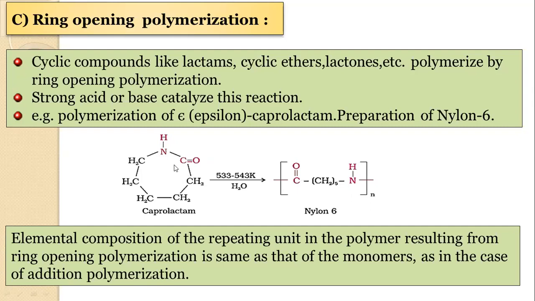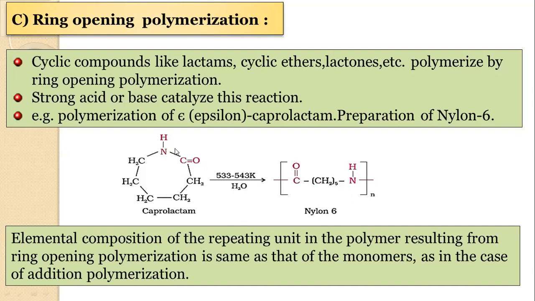The question was like this: in case of nylon 6, how many CH2 groups are present? Such types of questions were asked for board exam. So carefully we have to write: 5 CH2 groups are there and the total number of carbons is 6. That's why it is called nylon 6, because it contains 6 carbons. This CO is also included as a carbon. This is 5 carbons and this is 6 carbons.